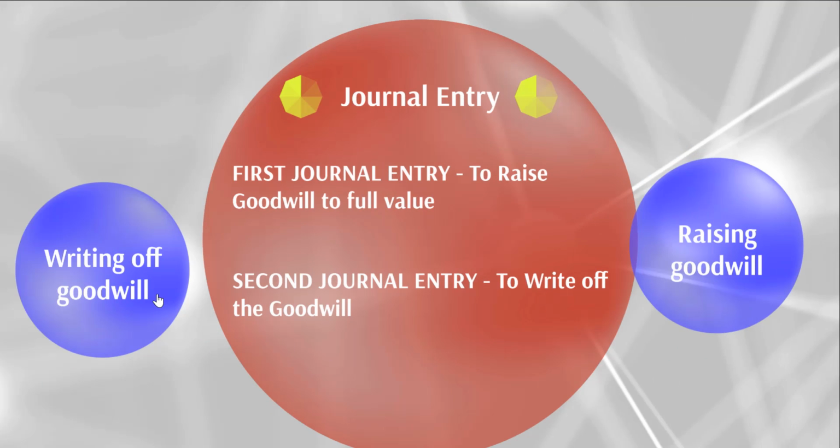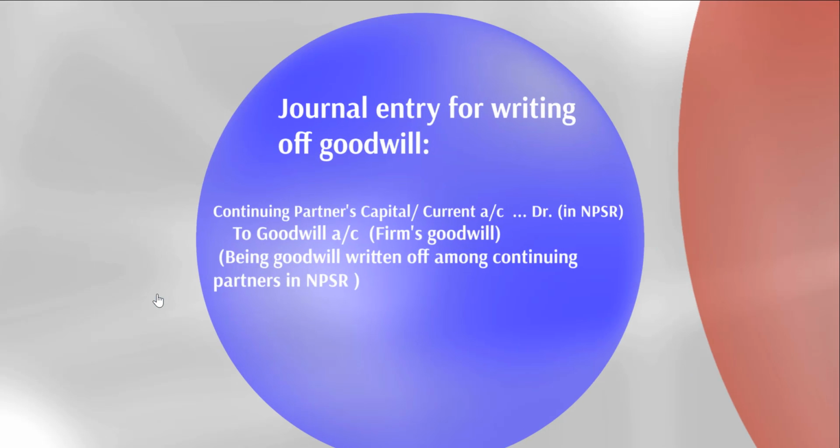After raising the goodwill, we will have to write off this goodwill. The journal entry for writing off goodwill: continuing partner's capital or current account debit to goodwill account. And we will credit the goodwill account with the value of the goodwill of the firm and debit it to the continuing partner's capital or current accounts in their new profit sharing ratio.